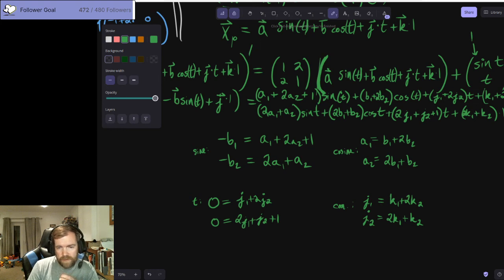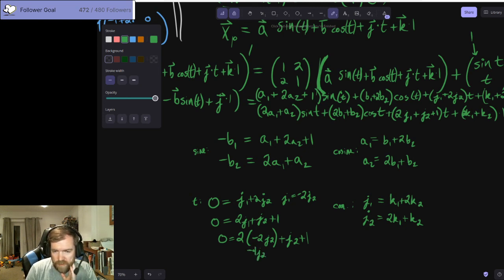So here, this is going to be J1 can be replaced by negative 2 J2. So 0 is equal to 2 parentheses negative 2 J2 plus J2 plus 1. This is a negative 4 J2 plus 1 J2.